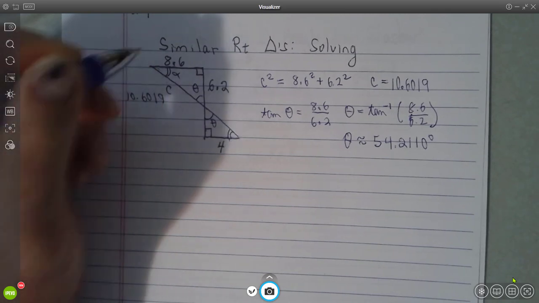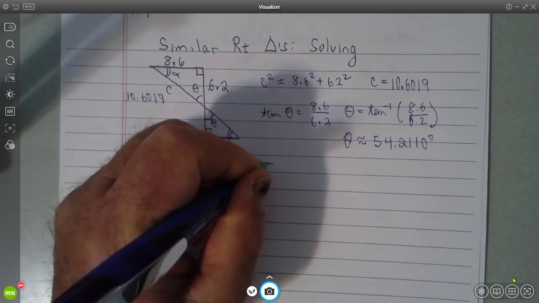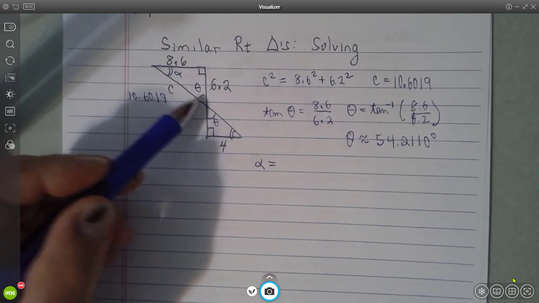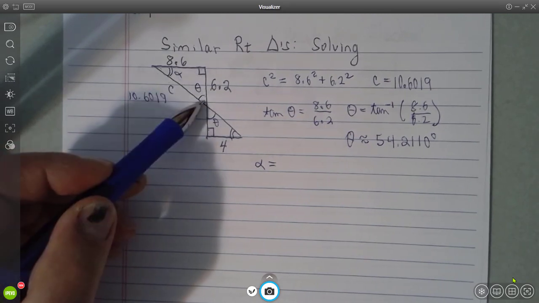Let's call this one alpha. Alpha is easiest to get by subtraction. We know that that's a 90, so these two must add up to be 90.